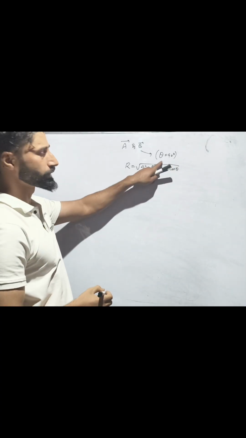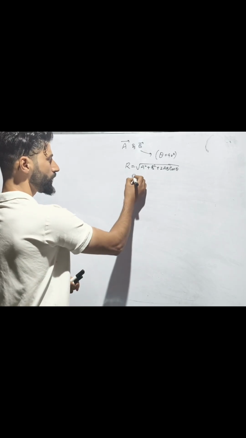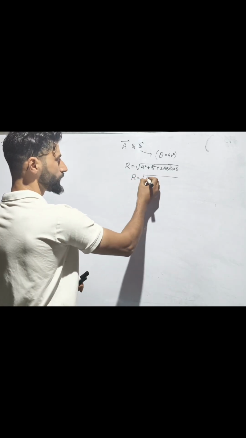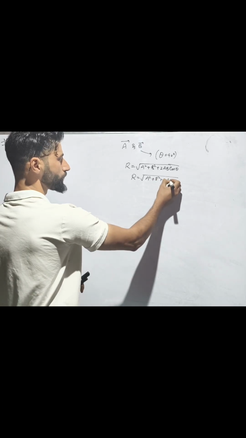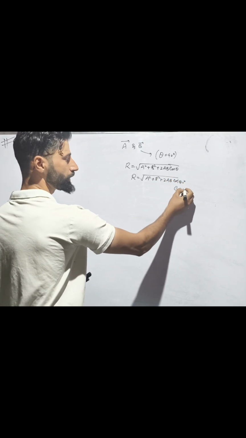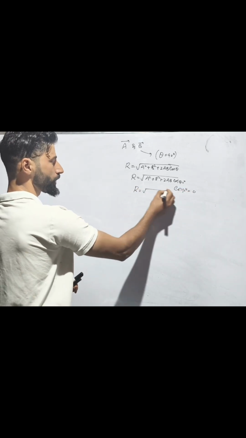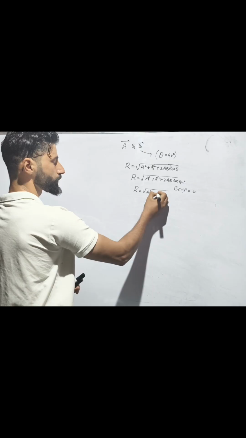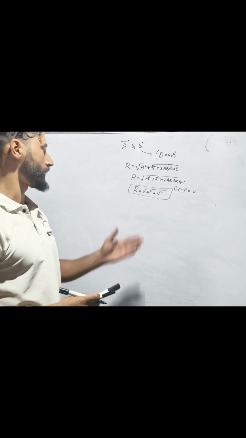Here theta is equal to 90 degrees, so R is equal to under root of a square plus b square plus 2ab cos of 90 degrees. Since cos 90 is equal to 0, our resultant will be equal to under root of a square plus b square. So this is the magnitude of our resultant.